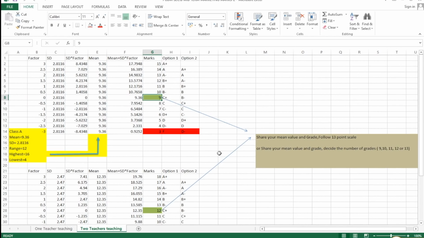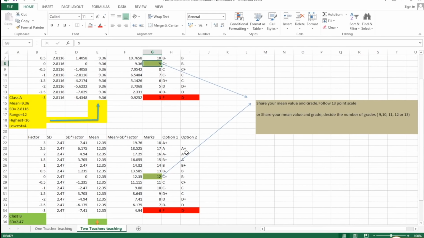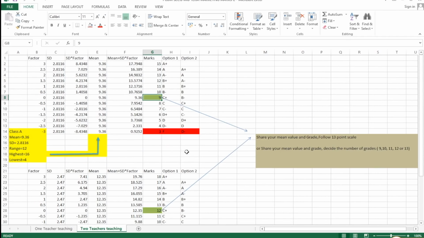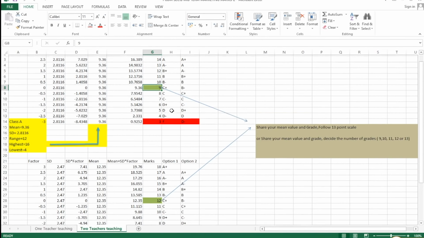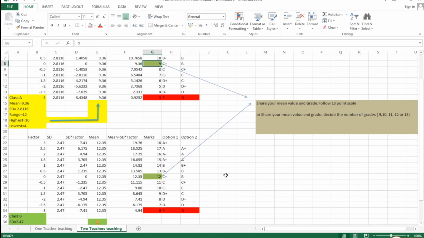By the grading process, we have been able to bring them at par, and now the students cannot say that the other teacher has been lenient and has given higher grades, and in class A the teacher has been strict and has given us a poor grade. No, this won't happen, because by looking at the averages, you have started your average grading of C plus, and then gone on to spread the grades from there in a manner that takes care of that leniency, right?